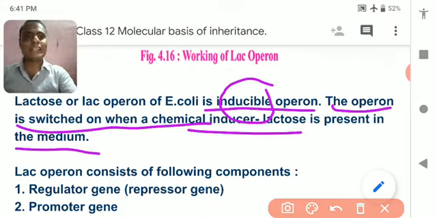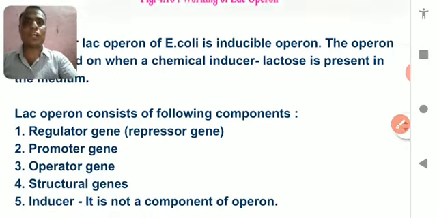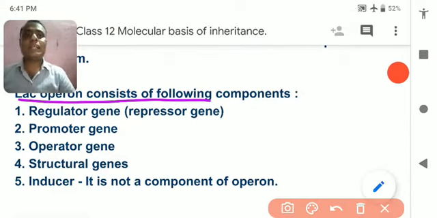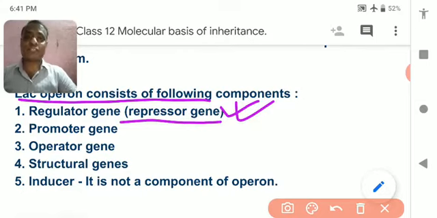So let us start understanding how the lac operon works. The lac operon consists of the following parts. First is the regulatory gene. This regulatory gene is also called the repressor gene. It represses the formation of enzyme until the inducer is absent. Inducer means lactose.